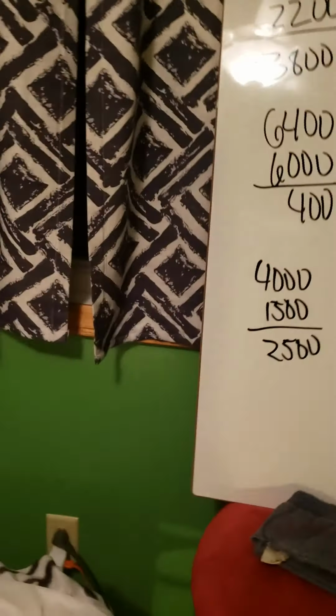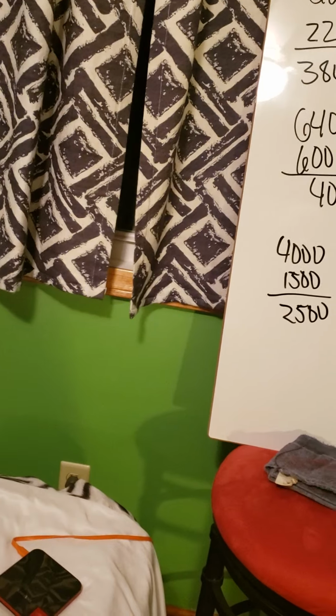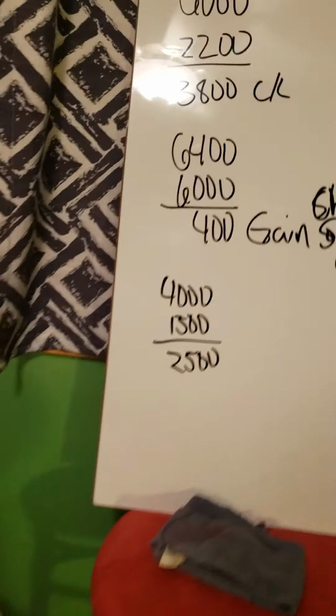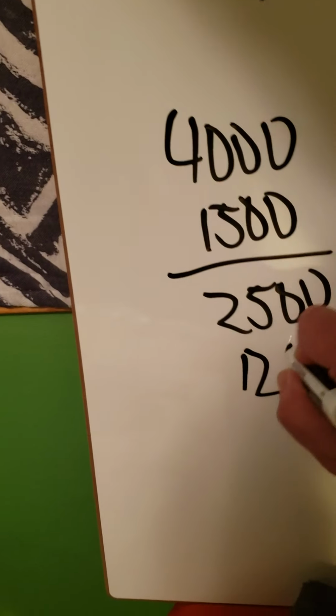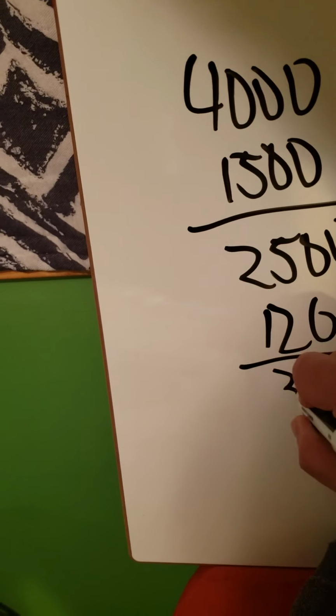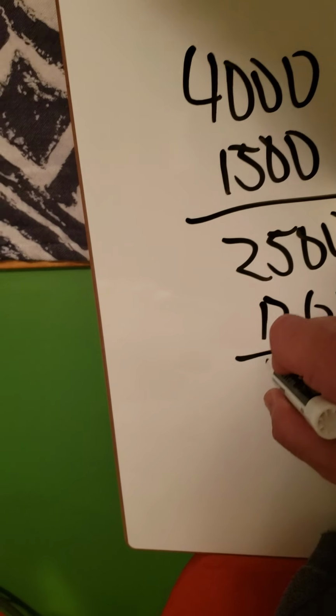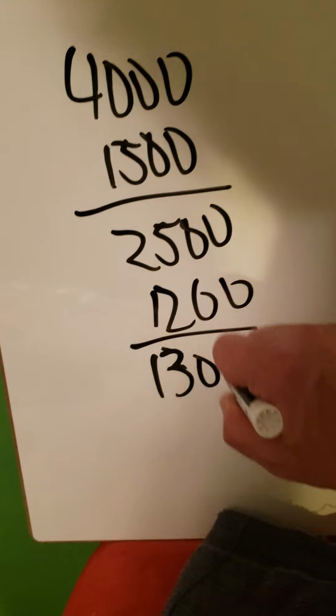And then subtract the insurance reimbursement of $1,200. And so my casualty loss then is going to be $1,300.